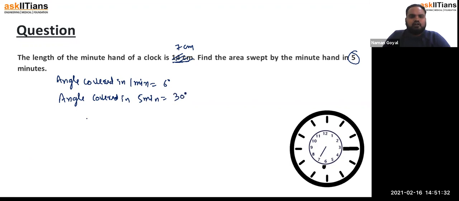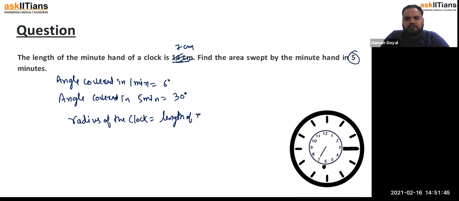And the radius of the clock is equal to the length of the minute hand, which is equal to 7 centimeter, right?